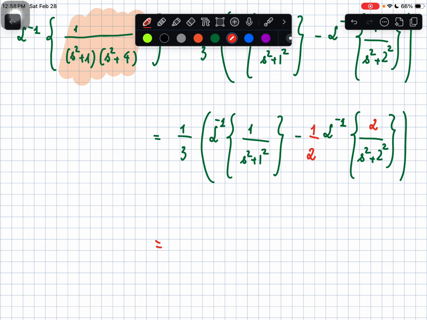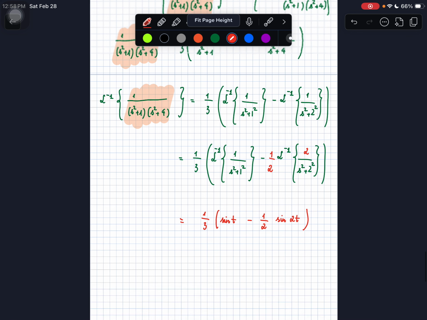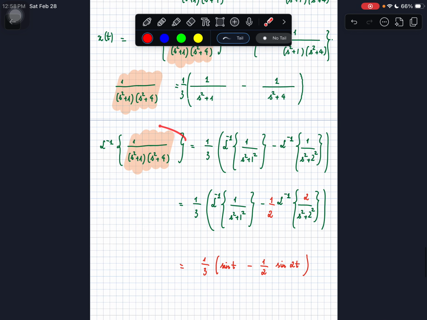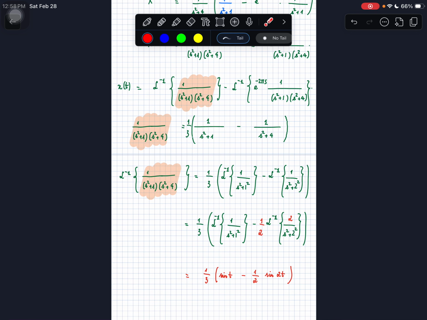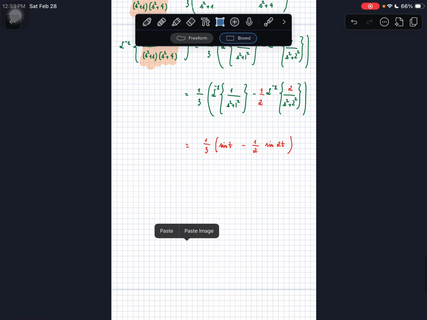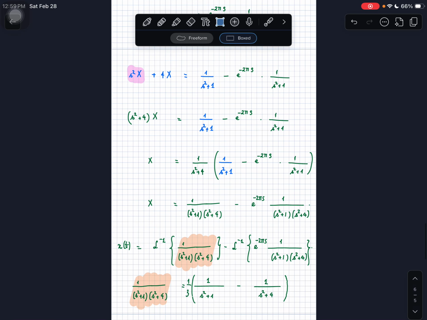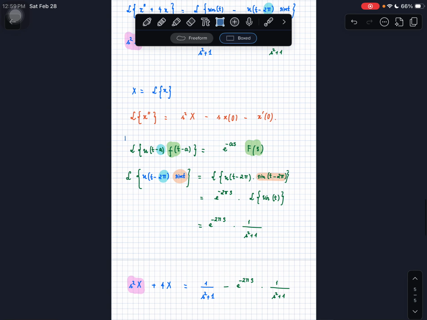And therefore this one is 1/3 times (sine of t minus 1/2 sine of 2t). So this is the inverse transform of this one, which gives us the first term. The second term, we use a translation on the t-axis, the formula of the translation on the t-axis.